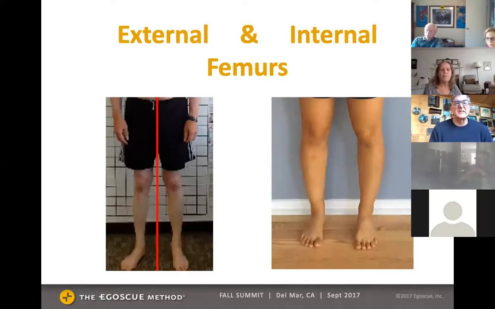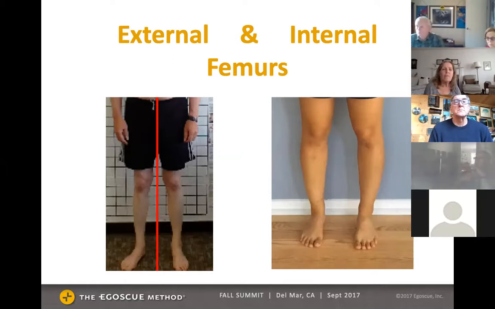And then on our right, we have the internal or medial rotation. Sometimes the kneecaps are hard to see, but it's more obvious on her left. So on our right, her left knee, you can see that kneecap is pointing in, towards her other knee, basically.